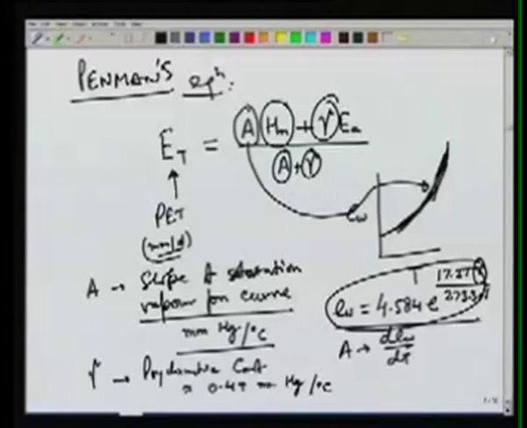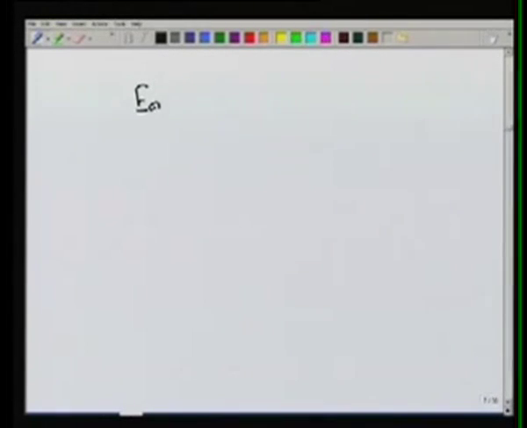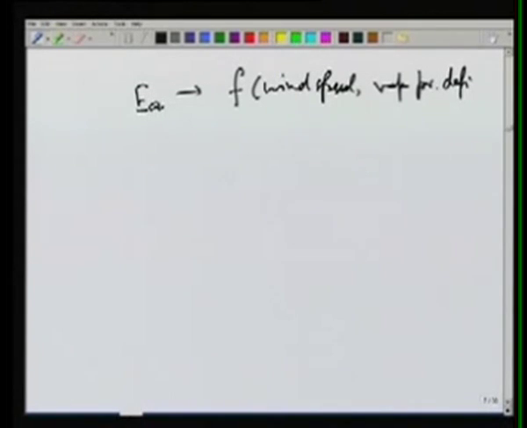EA is a function of wind speed and the vapor pressure deficit. As we have seen earlier in evaporation, the evaporation depends on wind speed and the difference in vapor pressure, saturation vapor pressure at water temperature, and the actual air vapor pressure.